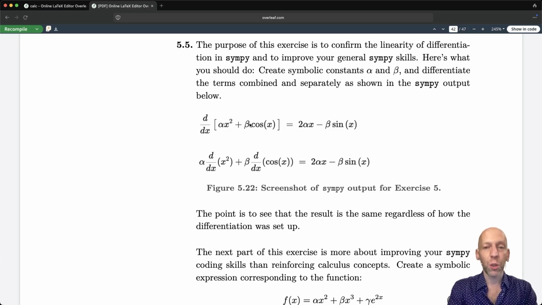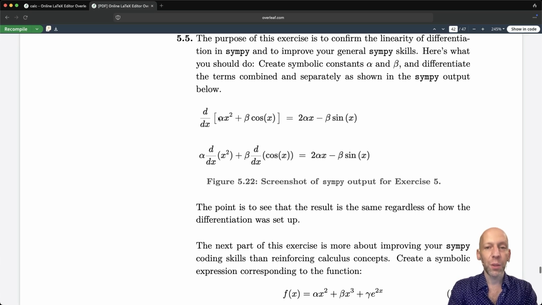And then what you want to do is break this up into 1, 2, 3, 4 pieces, right? So we have alpha, this constant, times the derivative of x squared plus beta, which is a separate constant, times the derivative of cosine squared. Okay, so we're breaking up the differentiation by these two terms, and then we are pulling out the scalar multiples outside of the differentiation operator.